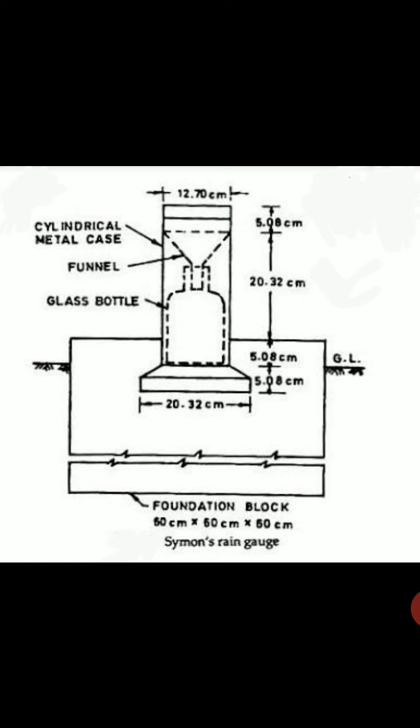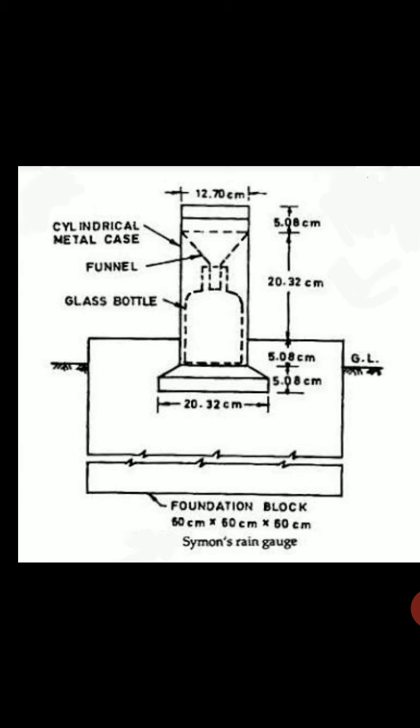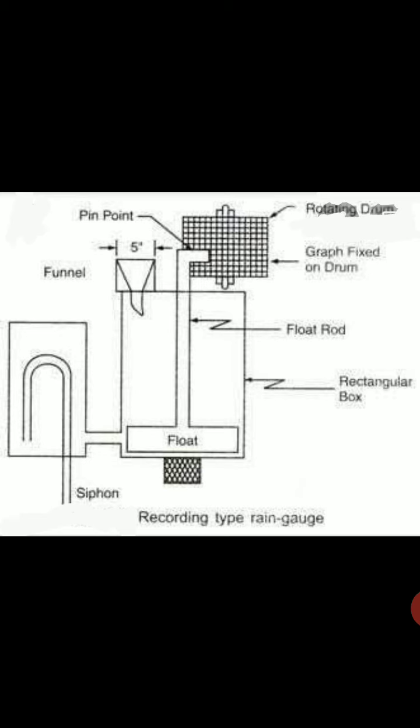Next is advantages and disadvantages of recording rain gauges. First one is advantages of recording rain gauges. The rainfall is recorded automatically and therefore there is no necessity of any attendant.